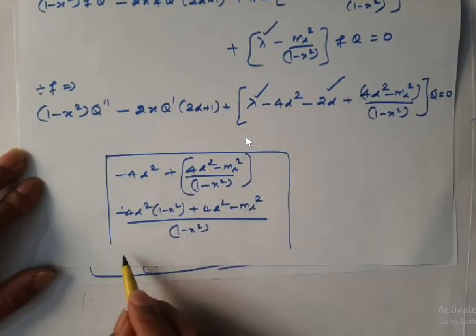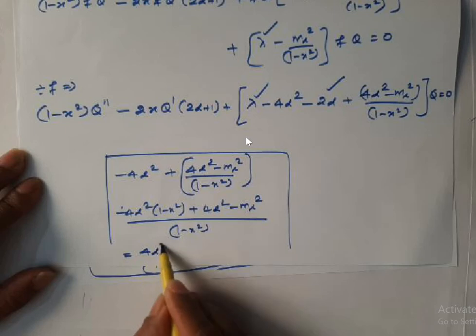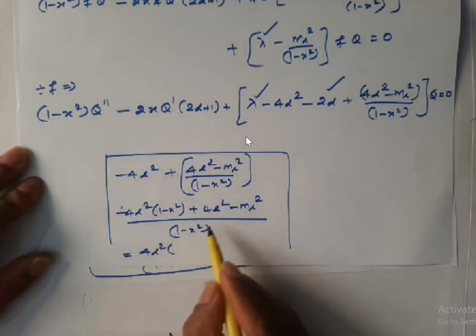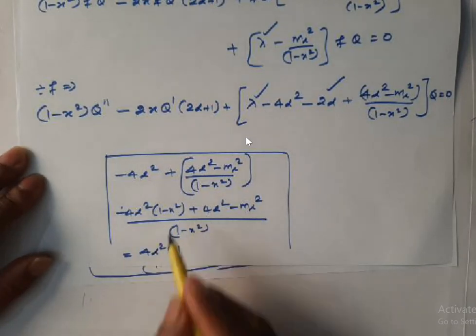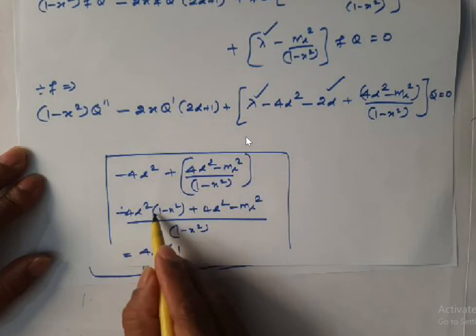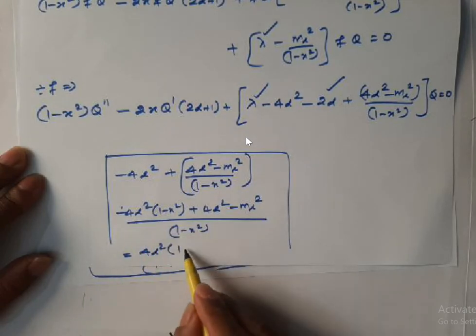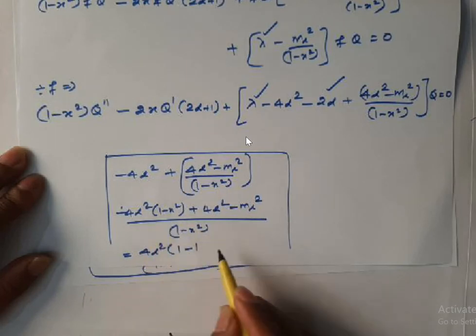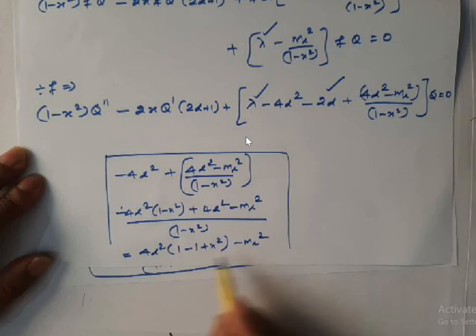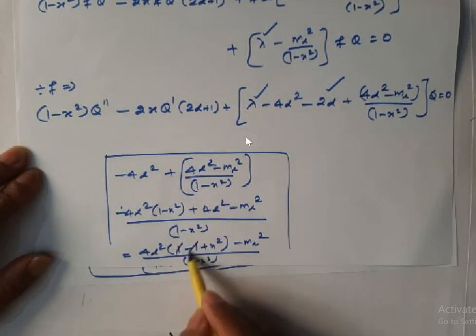This we can write by taking 4 alpha square common: here I'll get 1, here I'll get minus 1 minus x square, so minus of minus 1 becomes minus 1, minus of minus becomes plus x square. I'll get a term like this: minus ml square over 1 minus x square. Plus 1 minus 1 cancel.